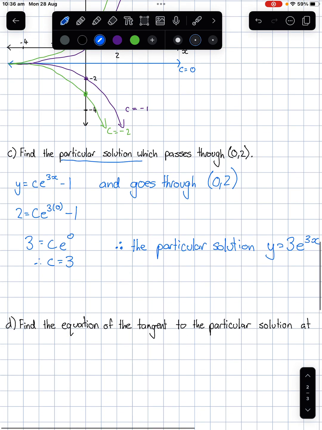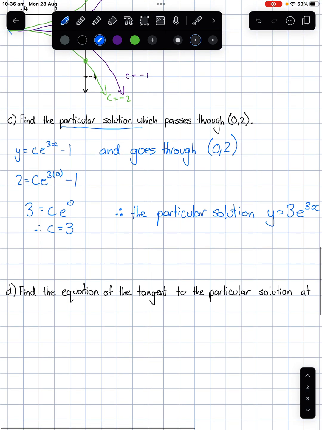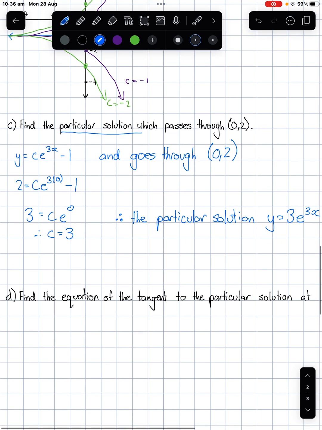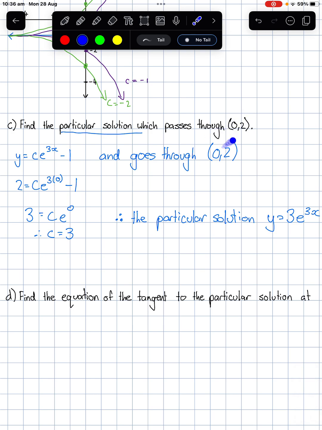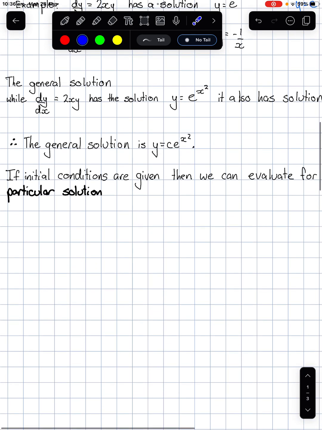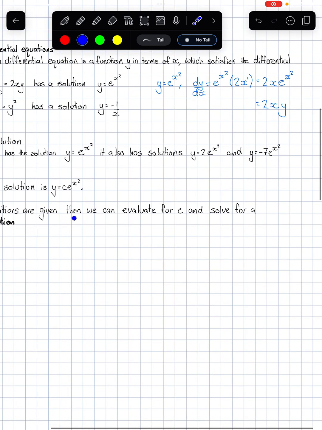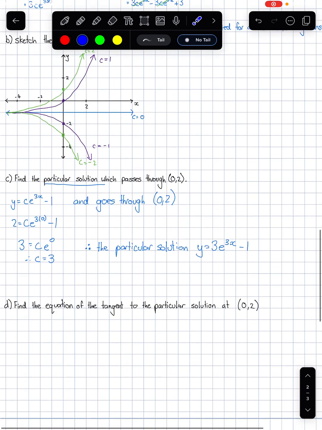So we've got that particular solution there. That's our particular solution for when we're given a scenario. So this is like our initial conditions in this one, and this is part of what this definition up here was saying. If initial conditions are given, then we can evaluate for c and solve for that particular solution.